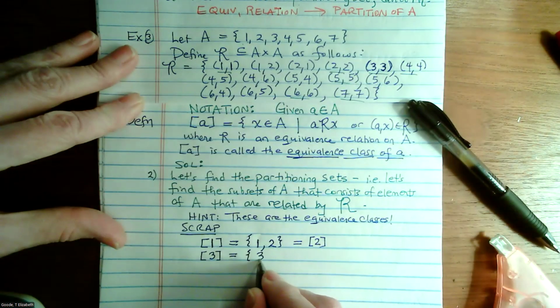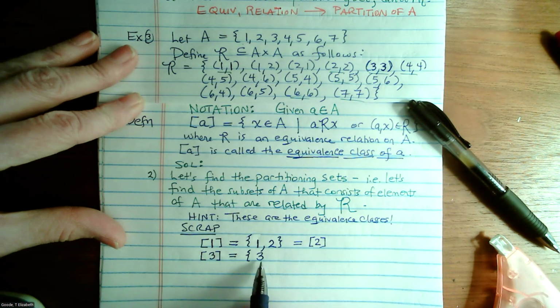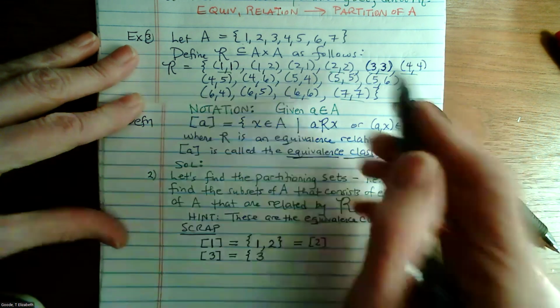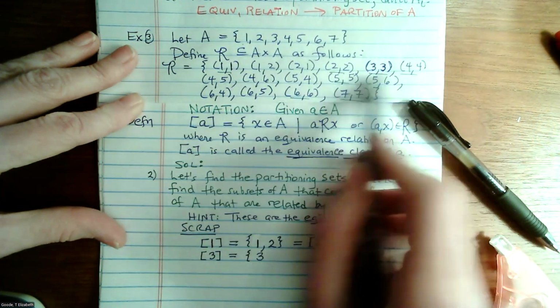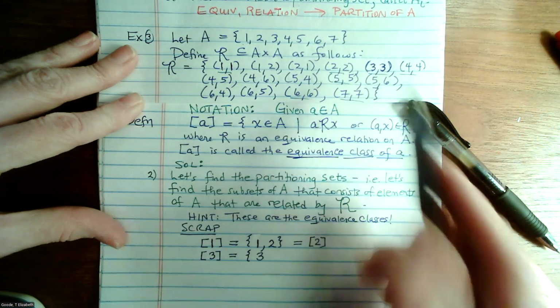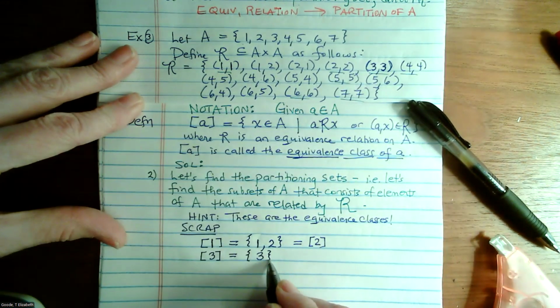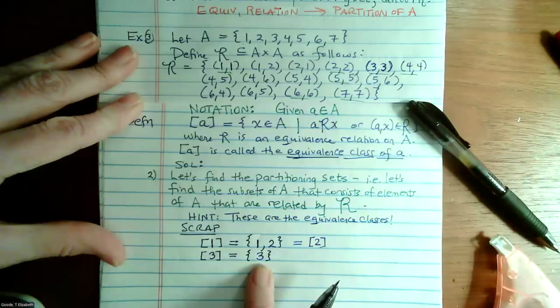So like I said before, if we're looking at the equivalence class of 3, 3 is going to be in there for sure. There might be other elements, but in the case of 3, there aren't any other elements of A that are related to 3. It's only appearing in the 3, 3 ordered pair. So the equivalence class of 3 only has 3 in it because it's only related to itself. Does that make sense?